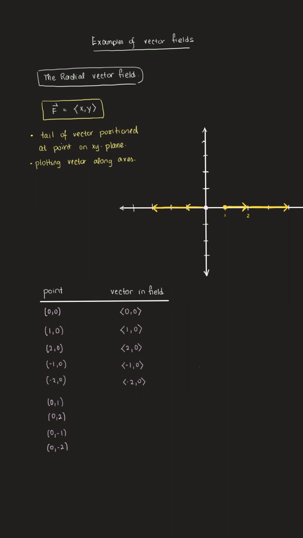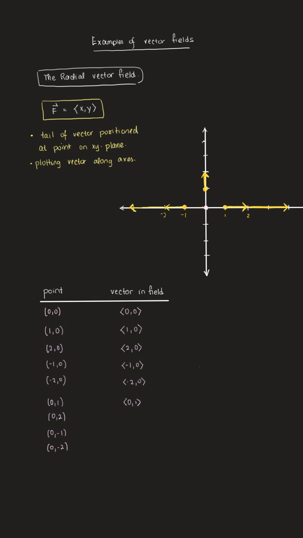So 0, 1, we will get the vector 0, 1, and I'm going to go ahead and plot it. I just noticed that I made a little mistake in drawing the vectors down here. I should have started at negative 1, 0 with a length of 1. I'm going to erase those. I was a little bit careless there. At negative 1, we're going to have a vector of length 1 this way. At negative 2, we're going to have a vector of length 2.